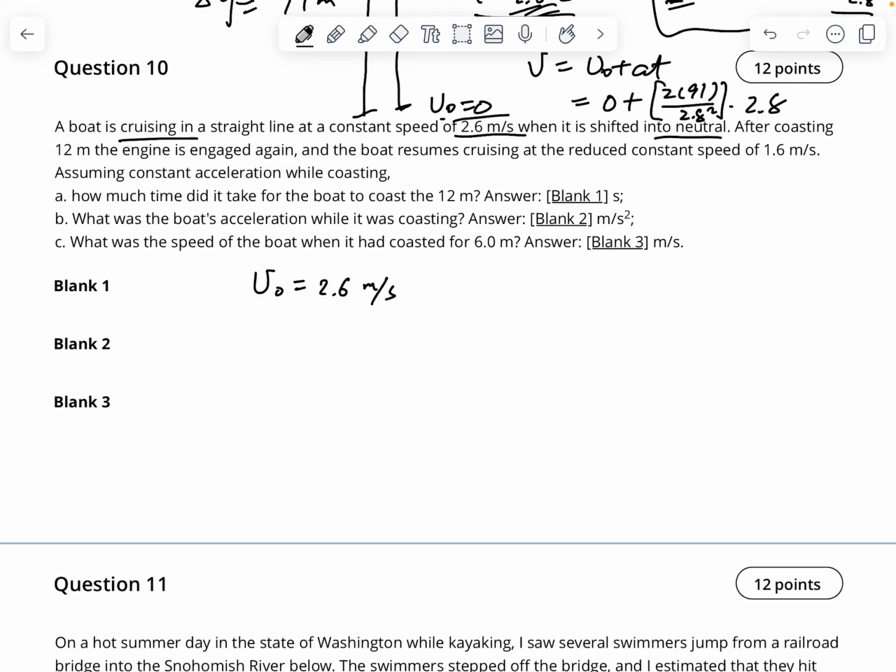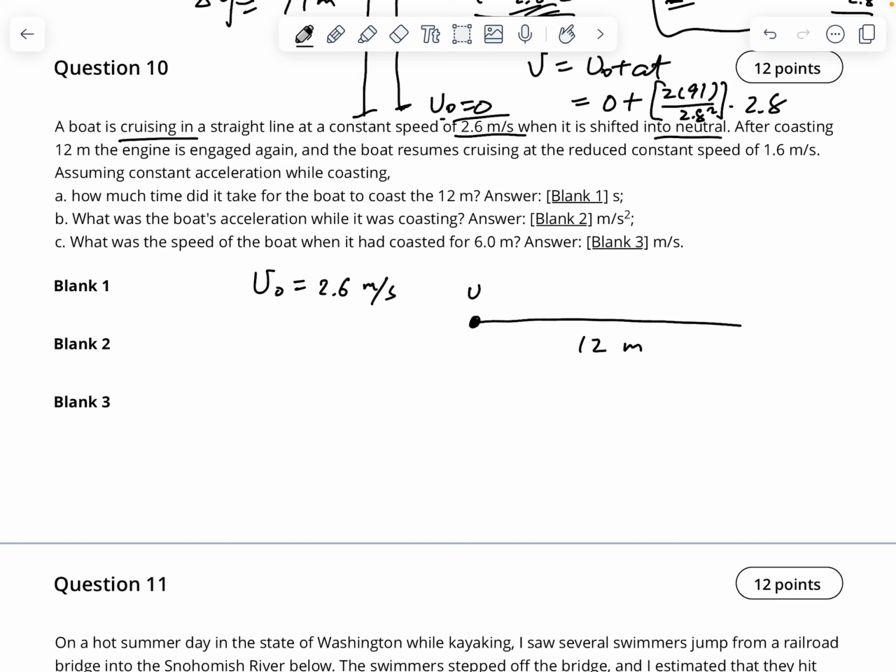Then you shift to neutral. After it coasts 12 meters, the engine is engaged and the boat resumes cruising at a reduced constant speed of 1.6, right?